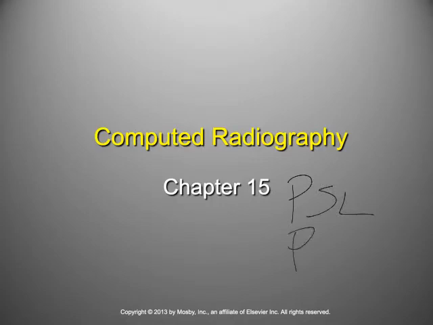PSP, it does not mean PlayStation. It means photostimulable phosphor. It's a very thin plate of photostimulable phosphor inside of the CR image receptor. Another one is SPS, the storage phosphor screen. So inside of this thing there's a screen that stores the phosphors.